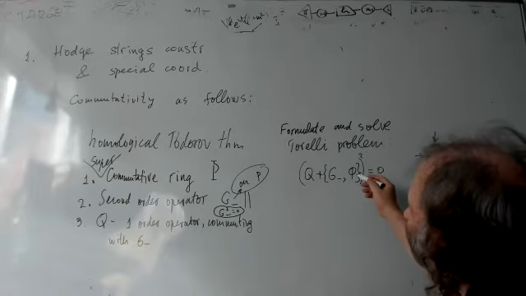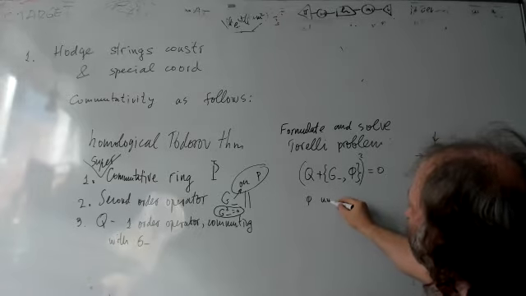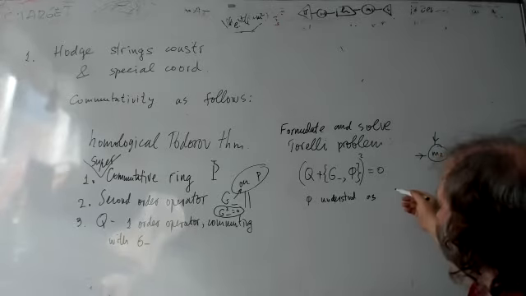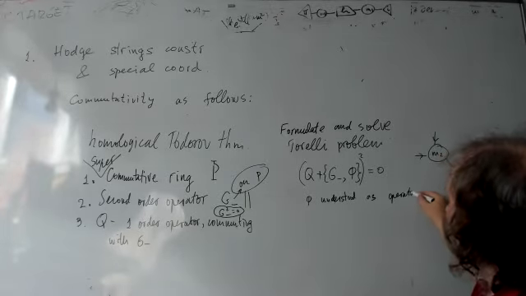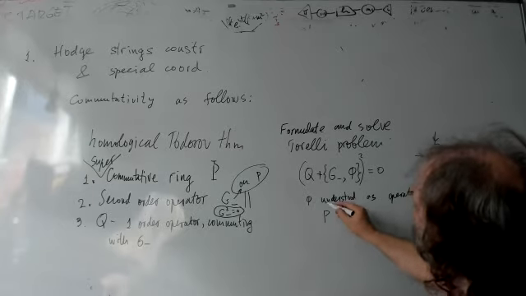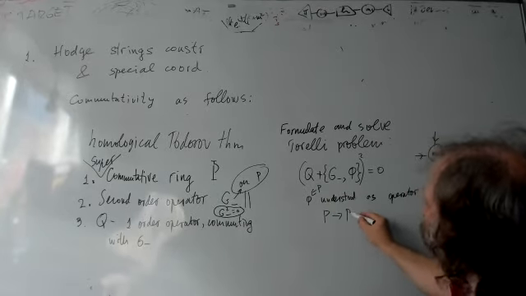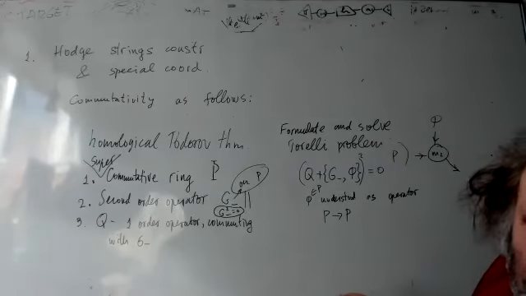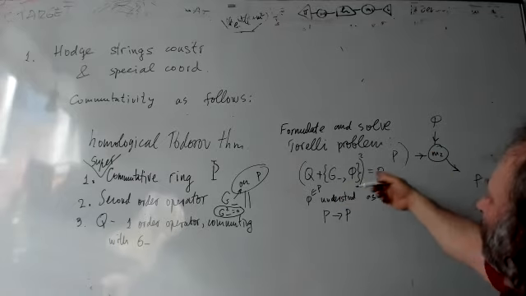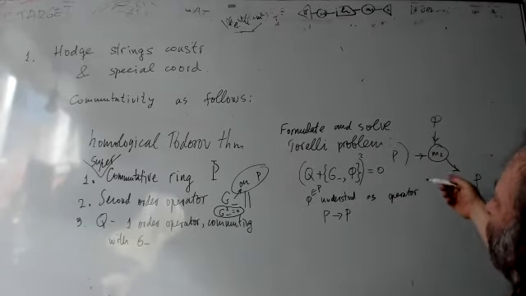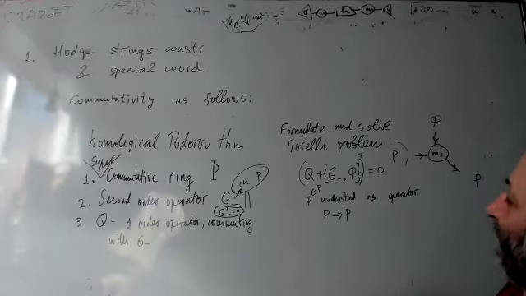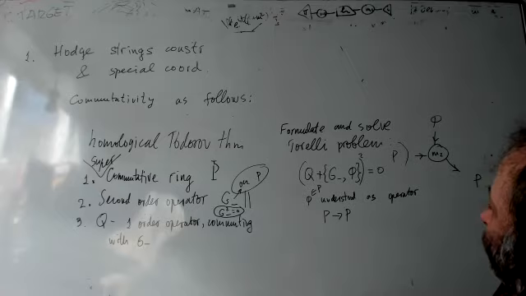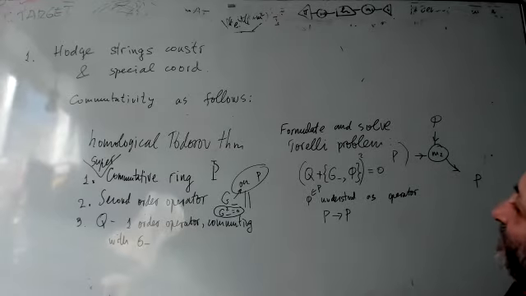Here I understand phi as an operator acting from P to P, from poly to poly, from ring to ring.